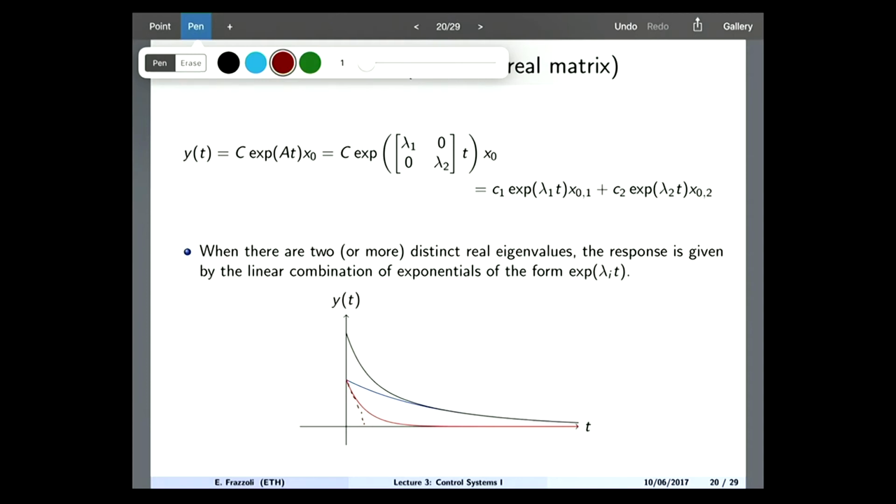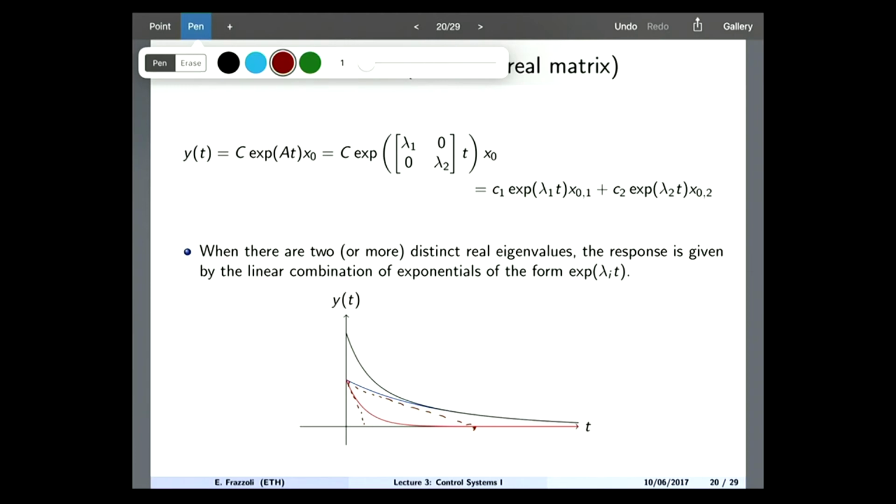And then I have an exponential with a longer time constant, that decays more slowly. And the black curve is something that initially decays quickly and then slows down and eventually goes to 0, okay? So this is something that you will see often, right?